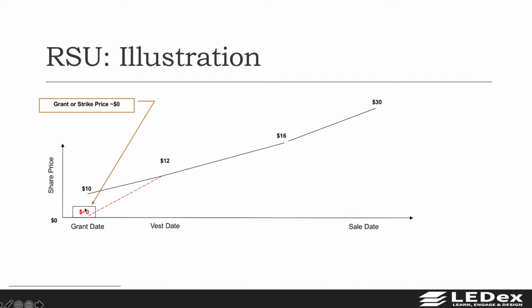So essentially, here the individual is receiving a grant at a price which is almost $0. So there is an inherent value right at the time of the grant. And then, of course, on vesting, the individual has gained the entire value of the underlying asset as a gain.